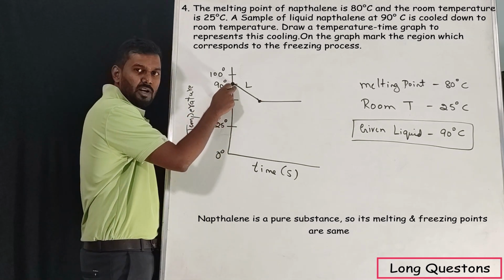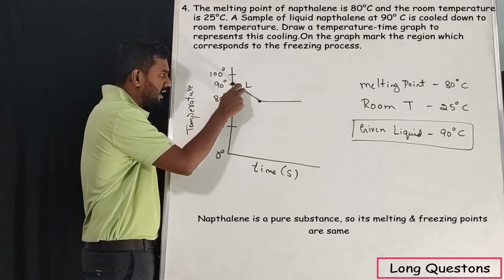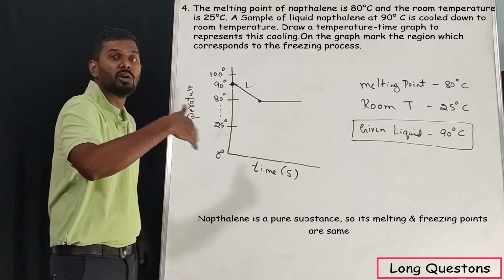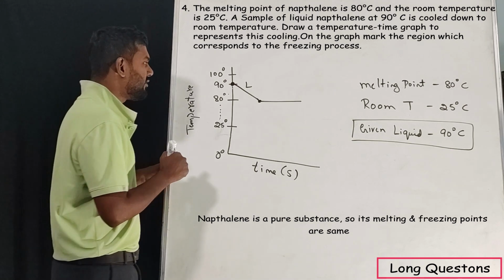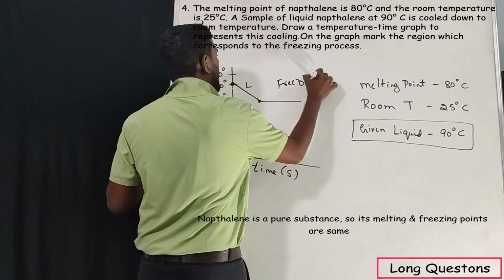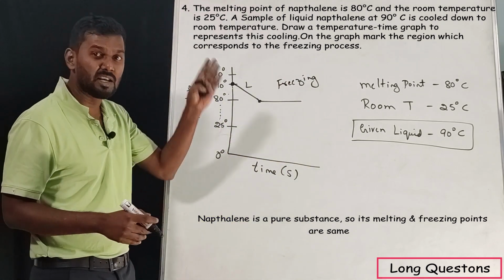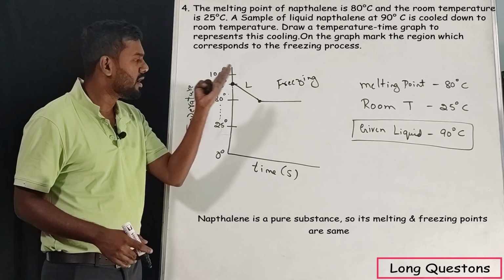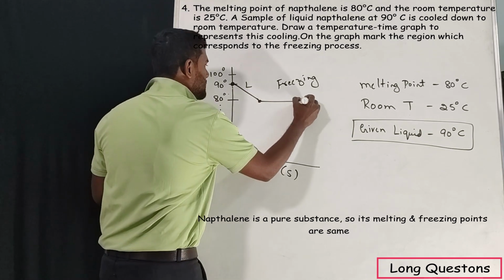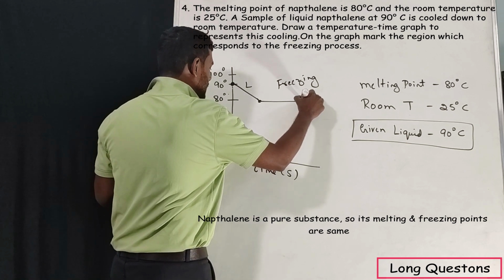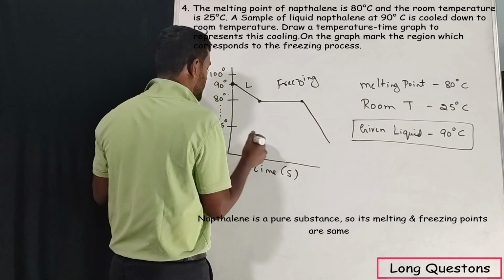So we had a liquid at 90 degrees Celsius, then it is going to change its phase. That phase is nothing but freezing. Why freezing and not melting? Because we are reducing the temperature, and reducing the temperature happens only in freezing. Once it has converted, it will be brought to room temperature.